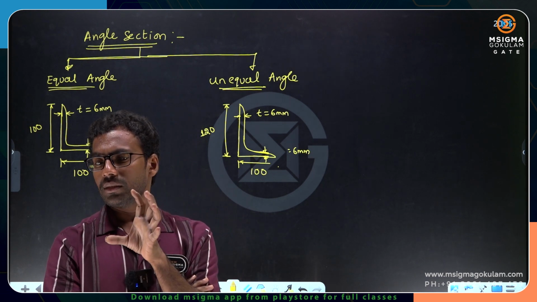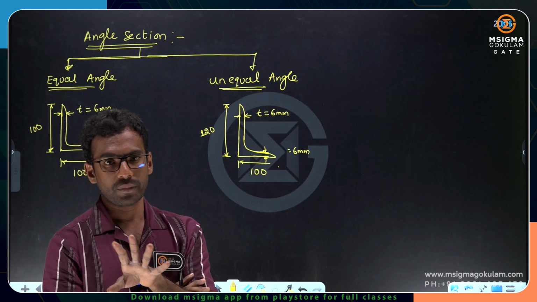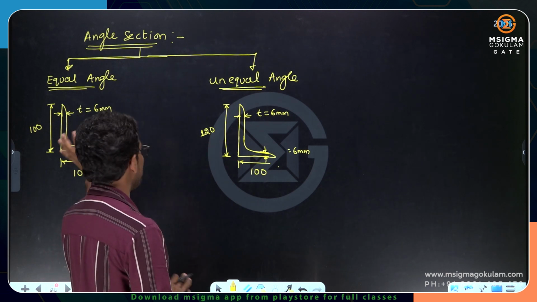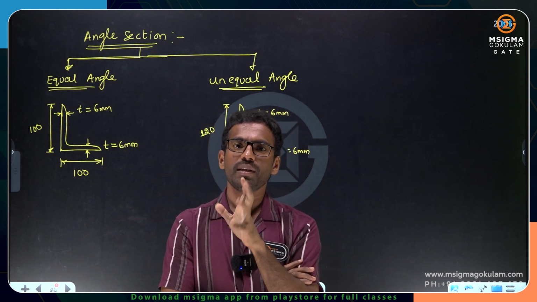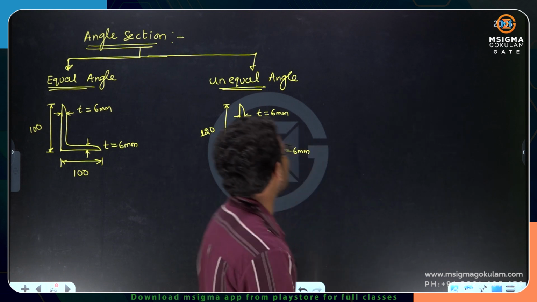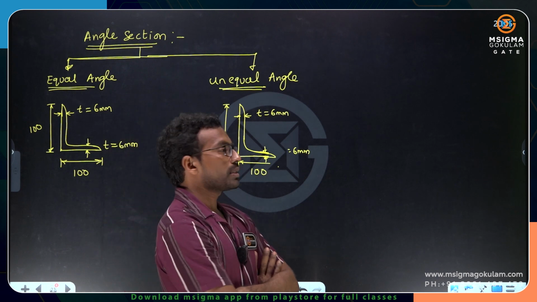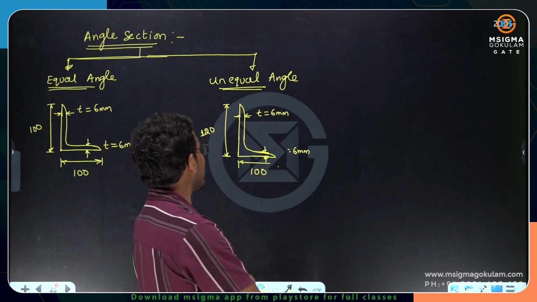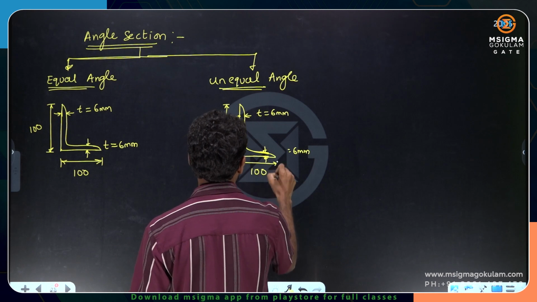Angle sections are efficient to carry only axial force. But whenever bending moment or twisting moment comes, it will not resist them actually. So please understand that these angle sections are only capable of resisting the axial force.